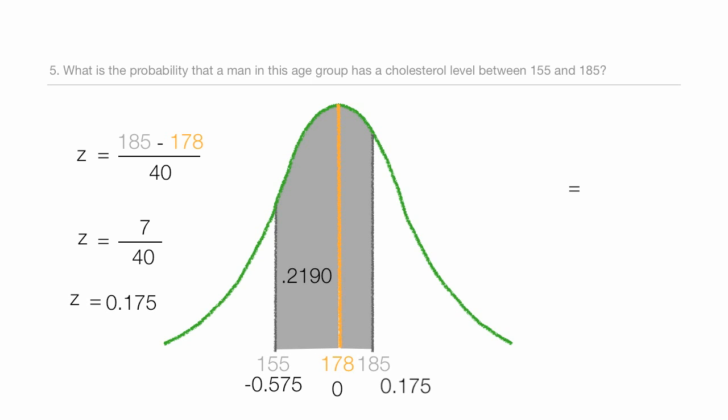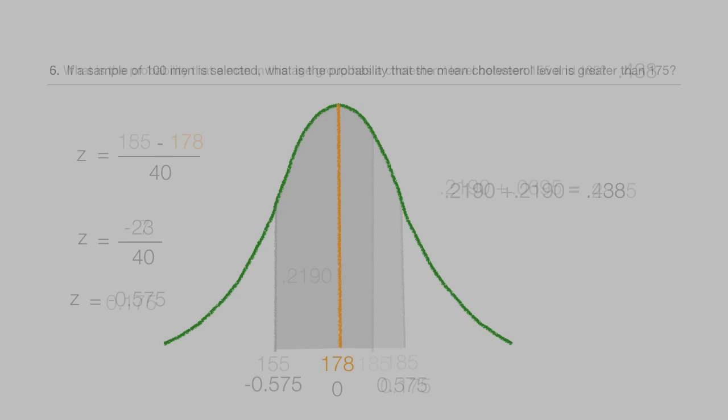So now we're going to take 0.175 and look that up in your normalized table, and that should equal 0.0695, a small area. And I'm going to add that to 0.2190, and that equals 0.2885. And that's the probability of a man's cholesterol being between 155 and 185.